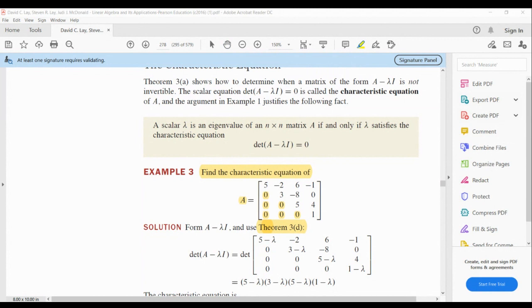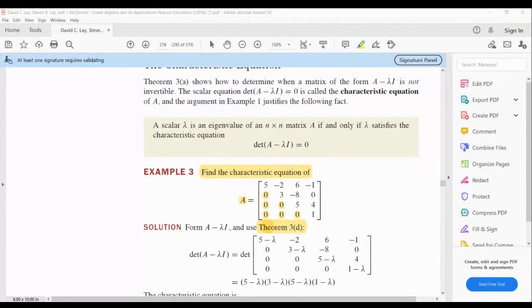A triangle. That's right. So this matrix A is in triangular form, and it's actually in lower triangular form. Wait, hold on. The zeros are in the bottom. So let's just say triangular form, okay?